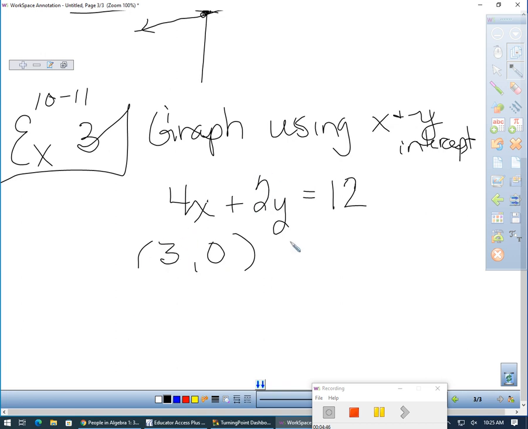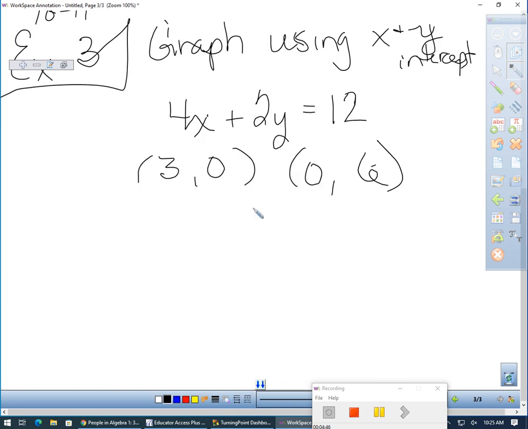Perfect. If I put 0 in for x to get my y-intercept, what does y equal? Awesome. All right, now we're just going to plot these and connect the dots. First one at 3, 0 on the x-axis. That's my x-intercept. The second one is my y-intercept at 0, 6.